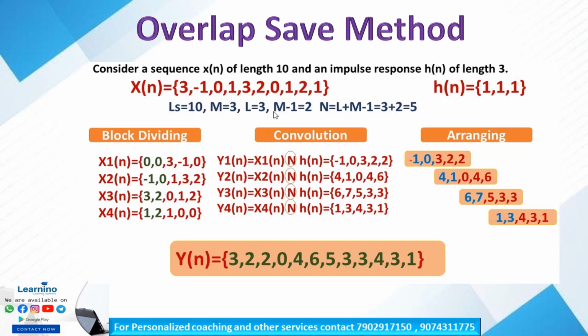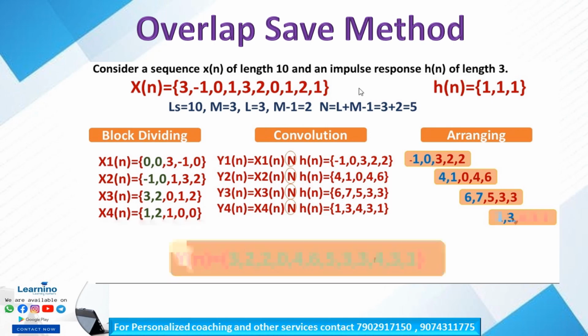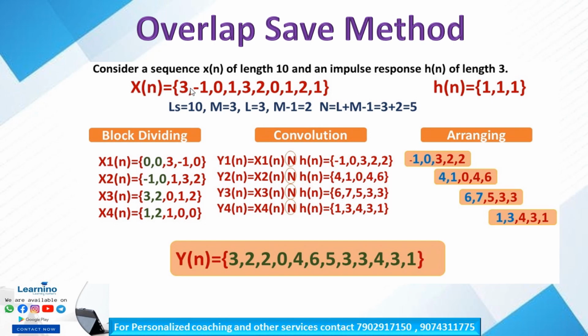It is better to explain the method using an example. Consider a sequence X of n of length 10 and an impulse response H of n of length 3. That is, X of n is equal to 3, minus 1, 0, 1, 3, 2, 0, 1, 2 and 1, and H of n is equal to 1, 1 and 1.